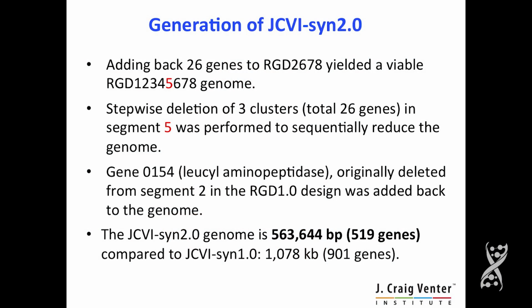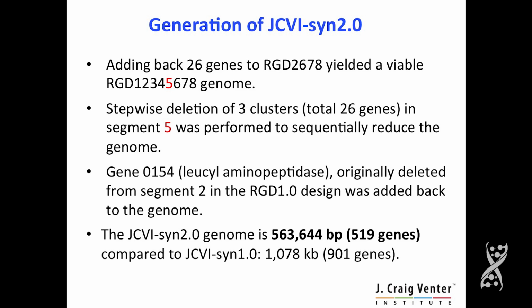And so we added those genes back. Didn't work, but when we put wild type 5 in with the others, it was okay. So we then took that strain and made sequential deletions in segment 5. And we also added back 1 gene, which we found was required for vigorous growth.